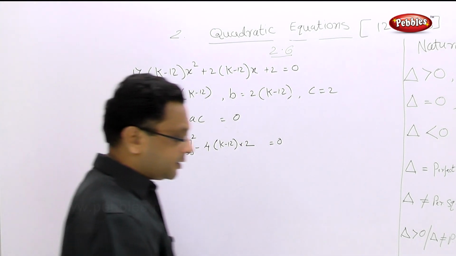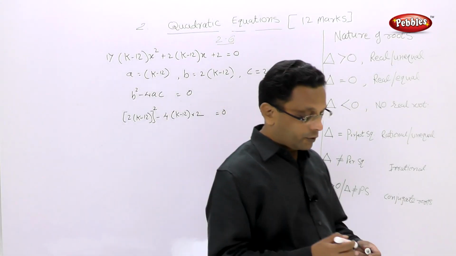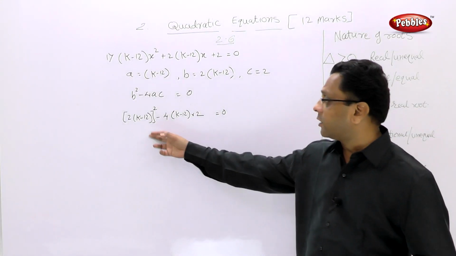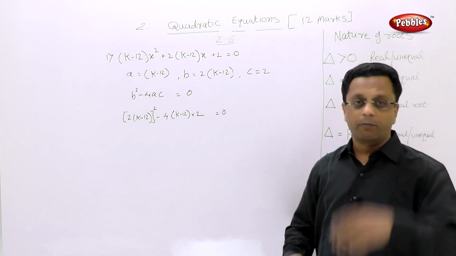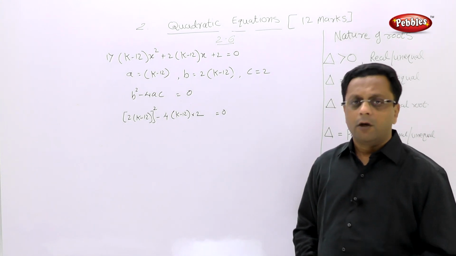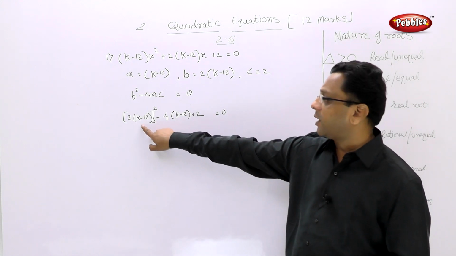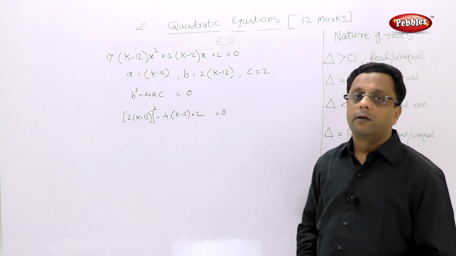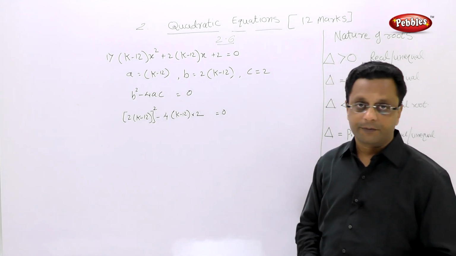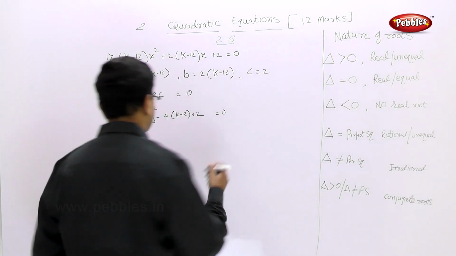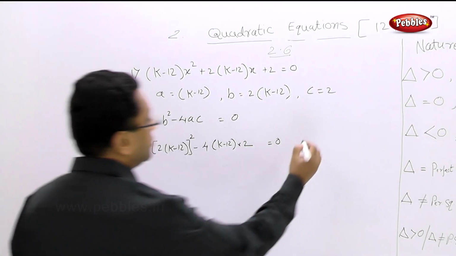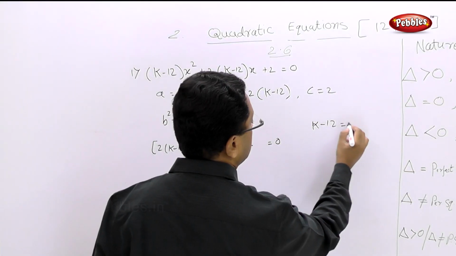Now in this case there is one more way of doing it. You may feel that this calculation is going a little bit complicated, right? I can do one thing to simplify it. I will just replace k minus 12 with letter m and then see what happens. So k minus 12 is m.